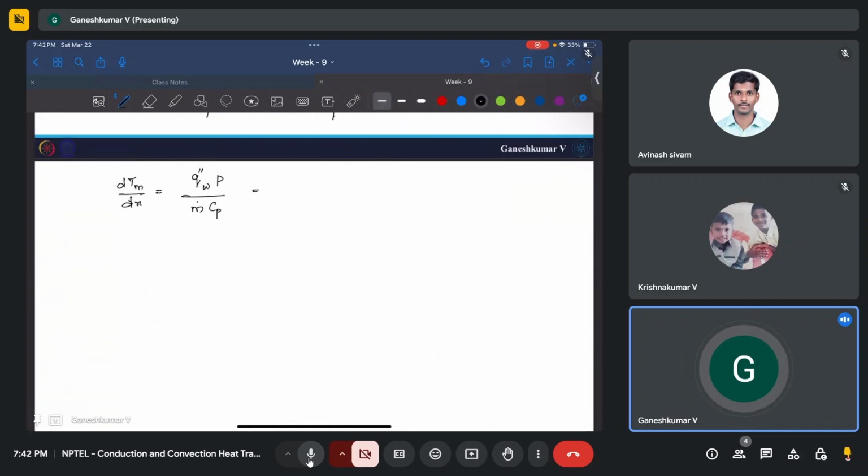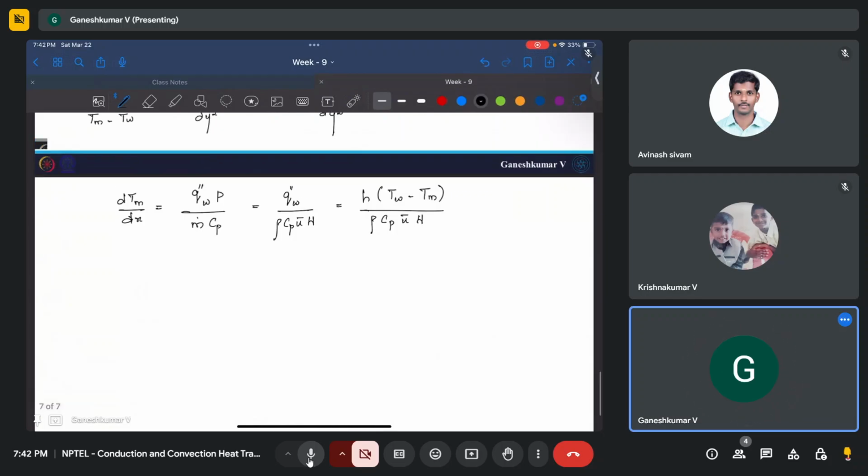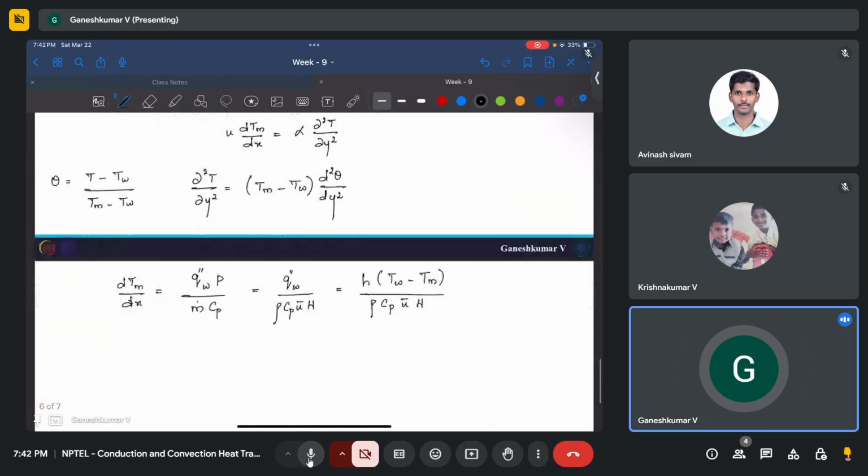When you perform this, it becomes wall heat flux divided by rho Cp u bar h, where u bar is the average velocity, and the wall heat flux is again proportional to T wall minus T bulk mean temperature divided by rho Cp u bar h. So let's substitute it in the equation.